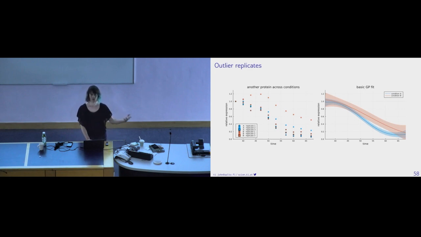If you use the more bespoke model that accounts for a replicate might be an outlier, then the two GP fits agree very well, and the model could confidently say, yep, they're probably just the same regardless of condition.